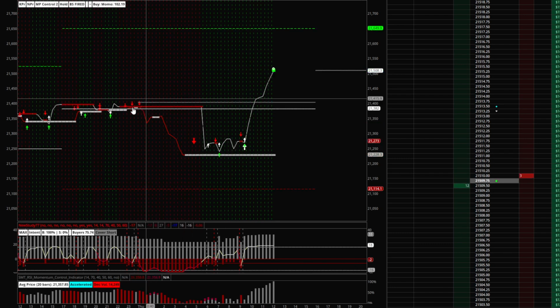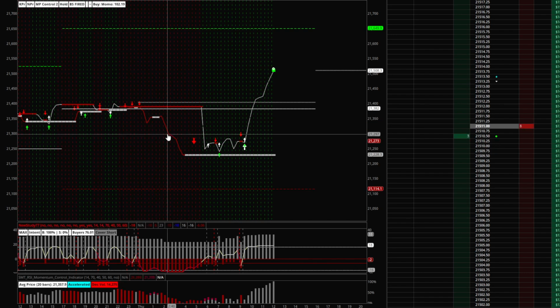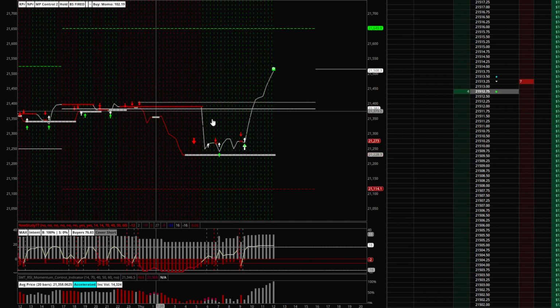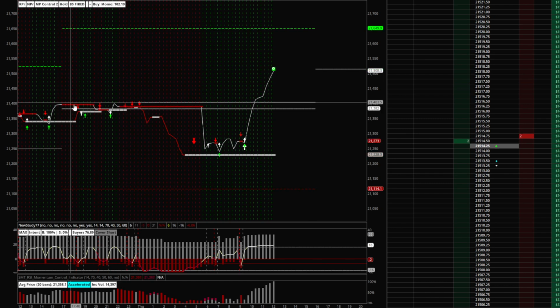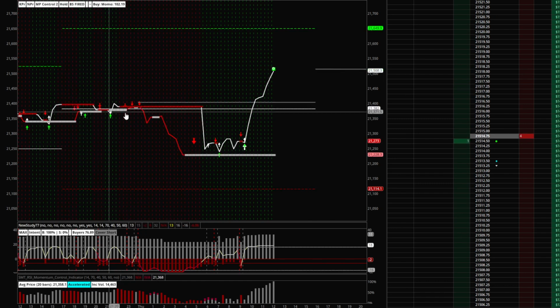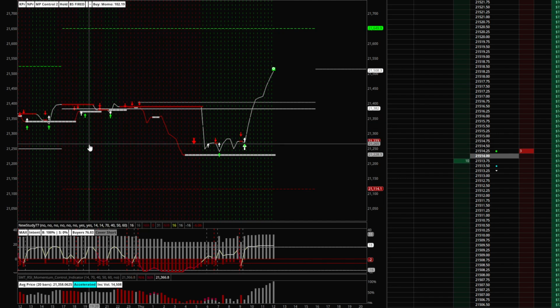You could have gained it back in just this one trade right here. So there are two really good, nice little scalps here that you could have taken.